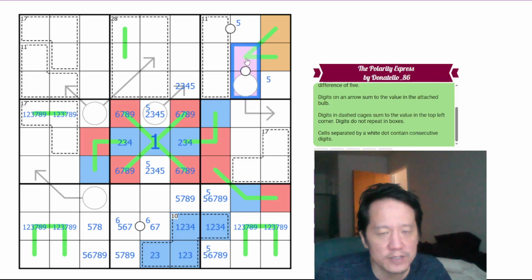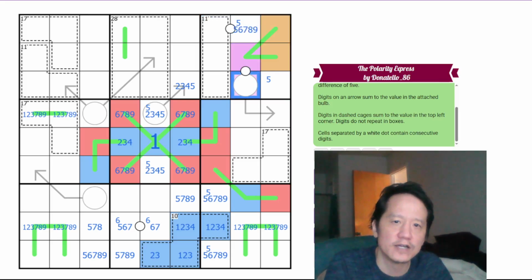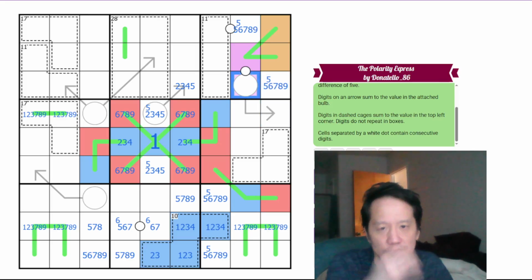So these must be the same set. And these must be the same set because they're the opposite of that set. We have two lows here and one high. Therefore, the remaining digits in the box 3 cannot be low. So this is 5, 6, 7, 8, 9. And this is 5, 6, 7, 8, 9.